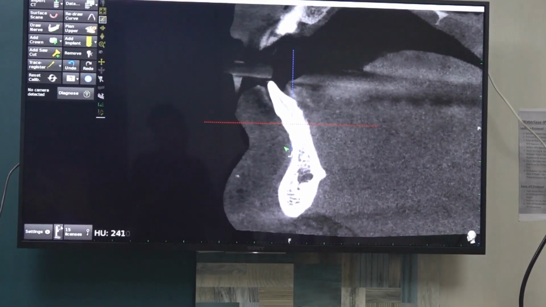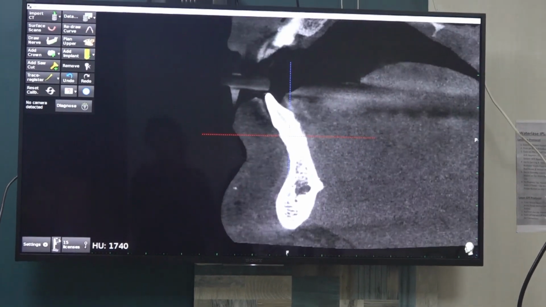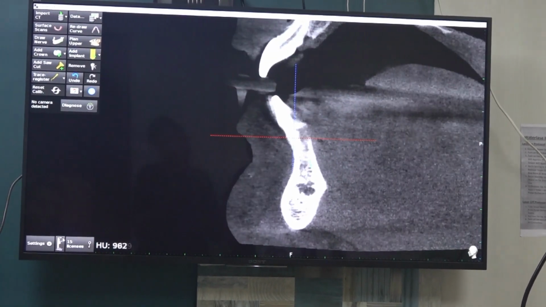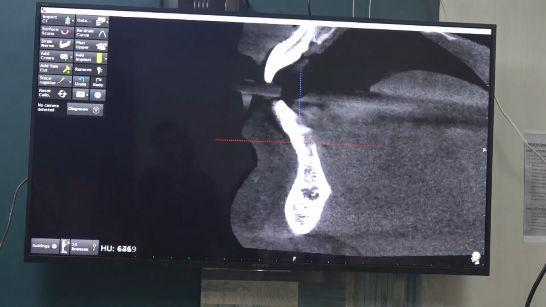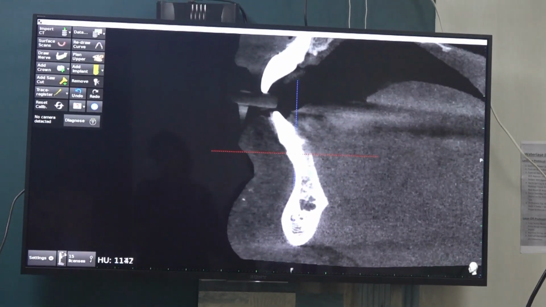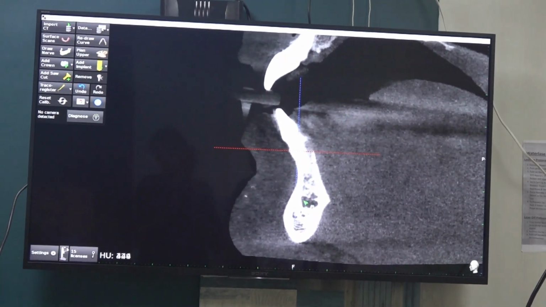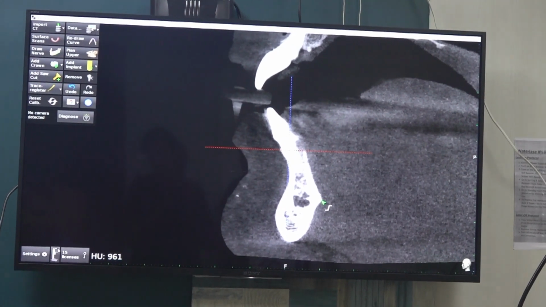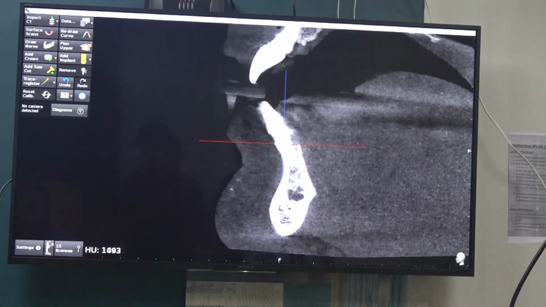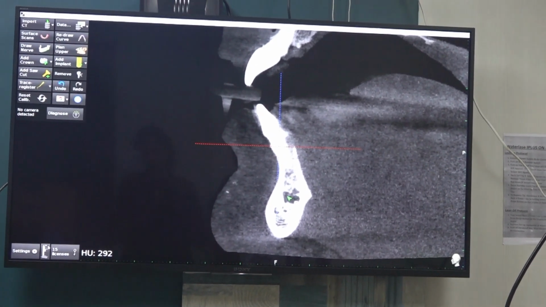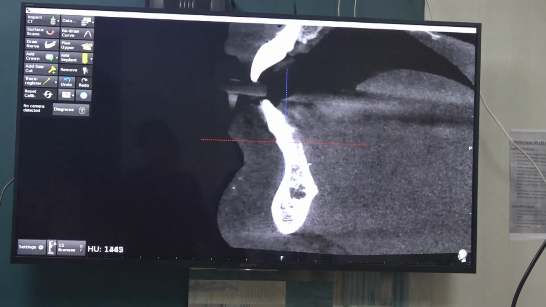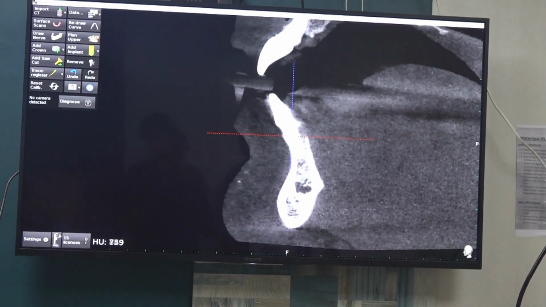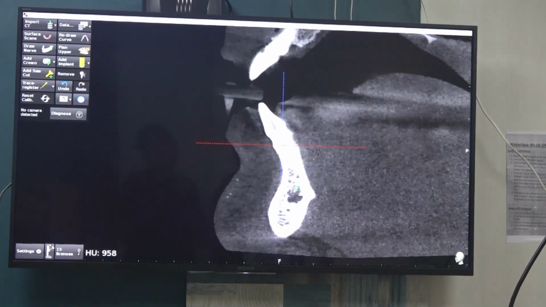So another criteria for selection is, what is the quality of the intramedullary bone here? If it is too cancellous, you cannot place a basal. You won't get stability, right? Only if the intramedullary bone is cortical, you will get stability.